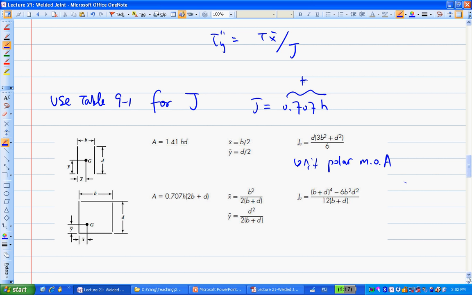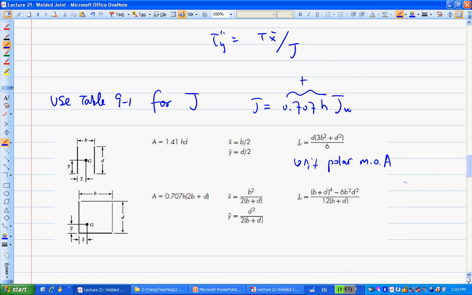Remember that? The T is the throat length, the throat basically, and T is related to the H, 0.707 H. You know, H cosine 45 degrees. So then times the JU. Now that's the J there. Okay? That's the J.